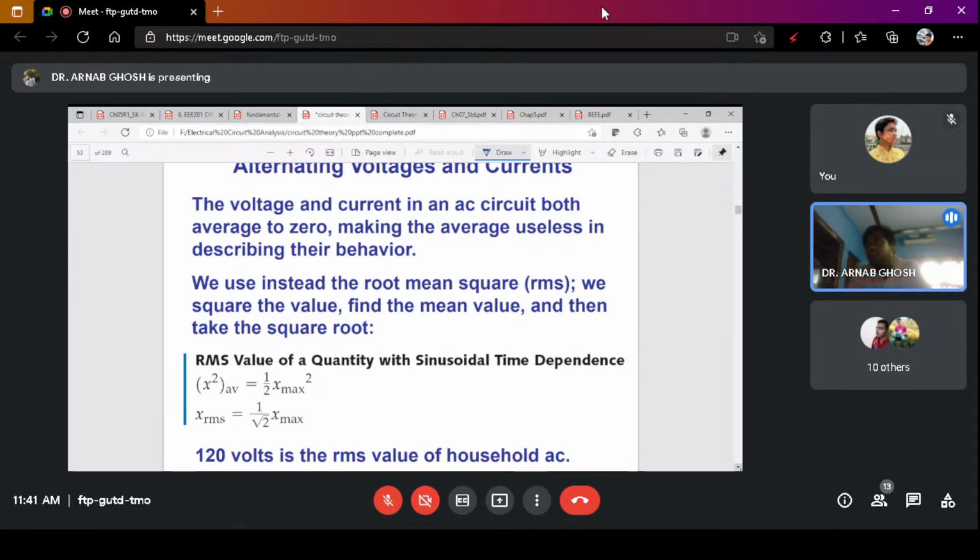That is why we do not use the concept of average value in defining any voltage. We use the root mean square value. And what is the root mean square value? As I already said, X RMS is equal to 1 by root 2 times X max.